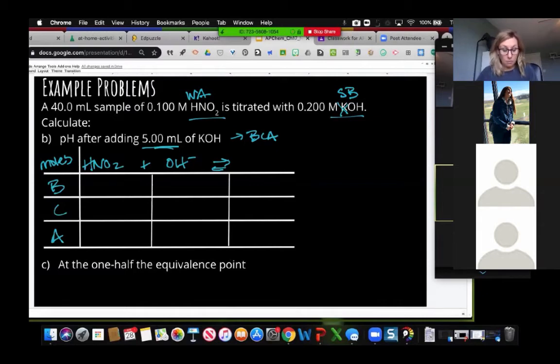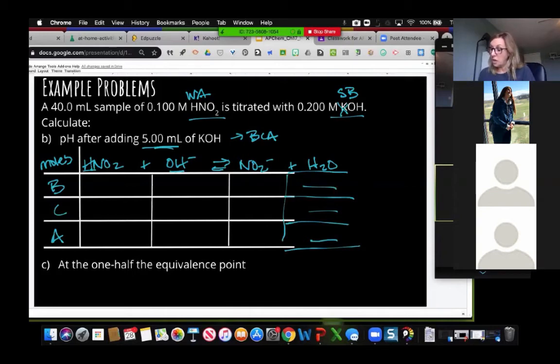So for that one, we're going to get then NO2 minus and H2O, because that H plus is going to react with the OH minus to give us H2O. Now, if you don't want to put the H2O in there, you don't have to, but just so we can see where that all goes, I'm going to put that there, and then I'm going to have to erase it in a minute because I'm going to run out of room here.